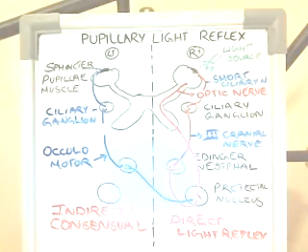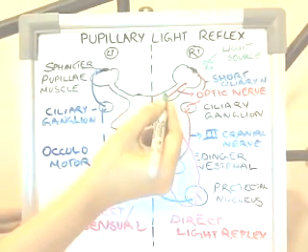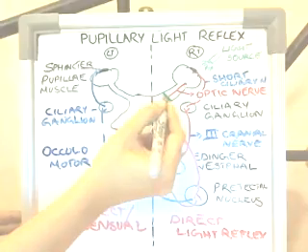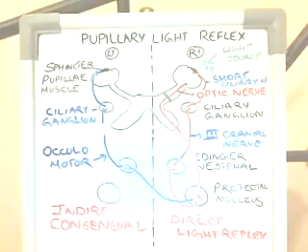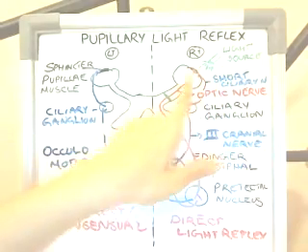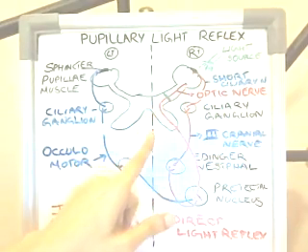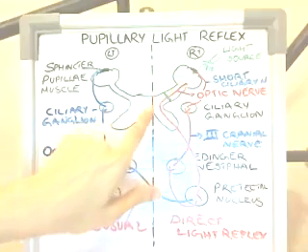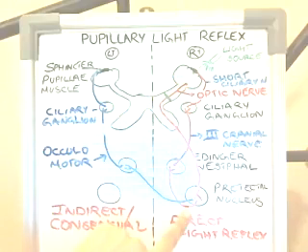Now the question arises: what if there is a lesion? If there is a lesion to the right optic nerve, what is going to happen? If the light source is applied to the right eye, the information cannot reach the pretectal nucleus.